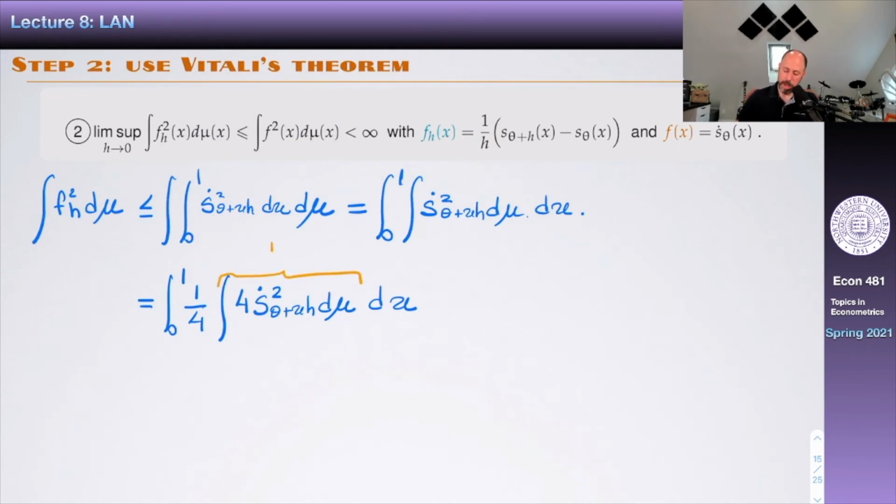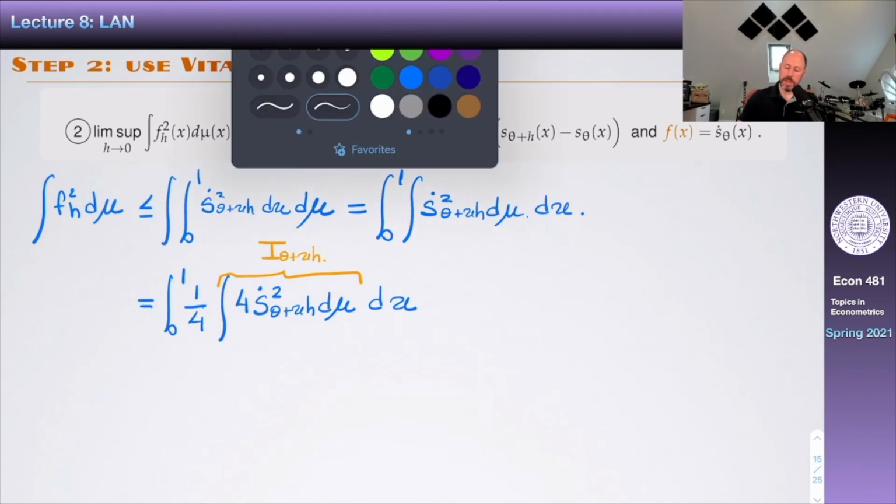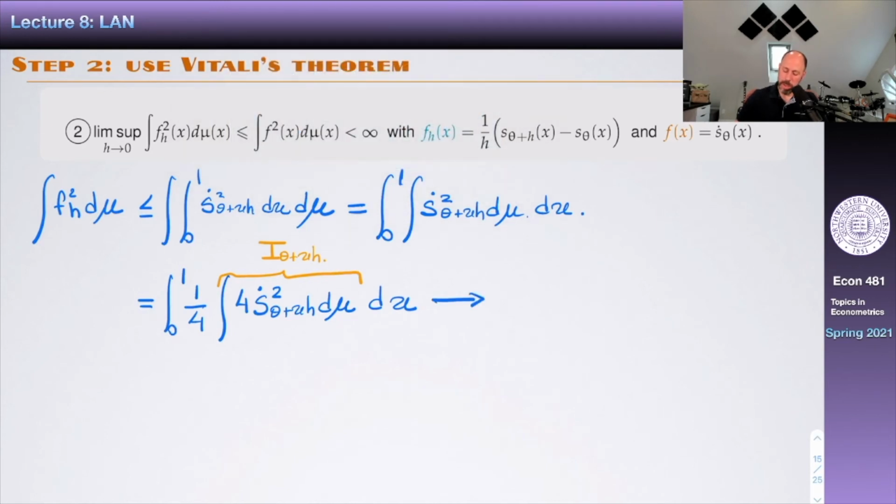And notice, this integral over here is the Fisher information at theta plus u h. This is what we derived in the first step. Remember that we wrote the Fisher information as the integral of 4 times this function s dot square. Well, that's exactly what we have here. And so this converges as h goes to 0 to 1/4 the Fisher information at theta, because I theta is continuous at theta.